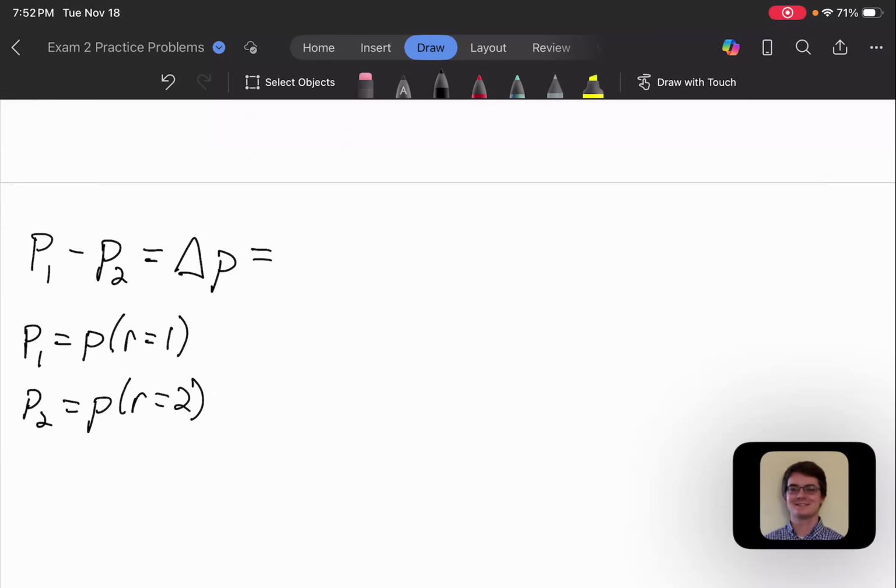Specifically, it asks about the dynamic pressure difference. So when I'm writing P here, I'm not necessarily talking about the static pressure. I'll get rid of the P's to make it less confusing. We'll make it Q.